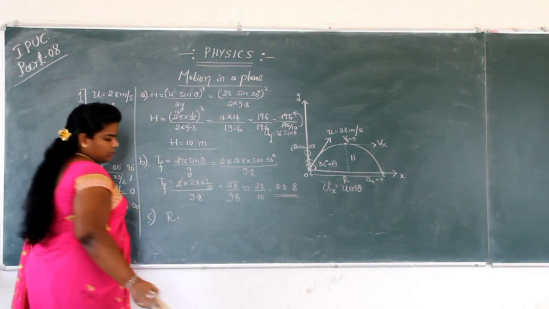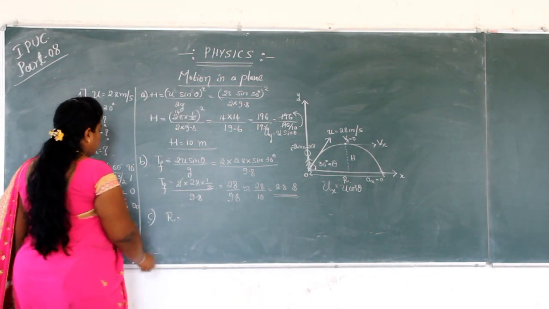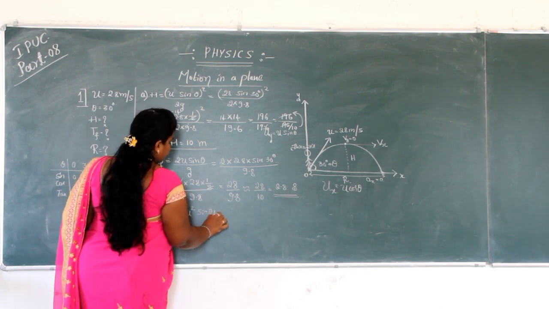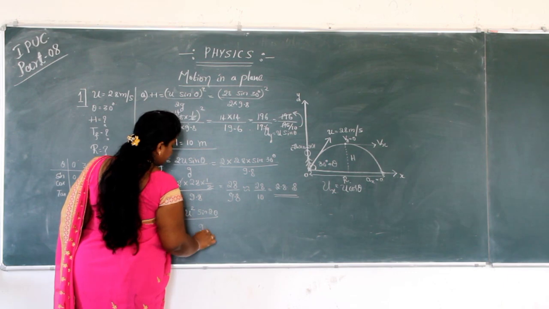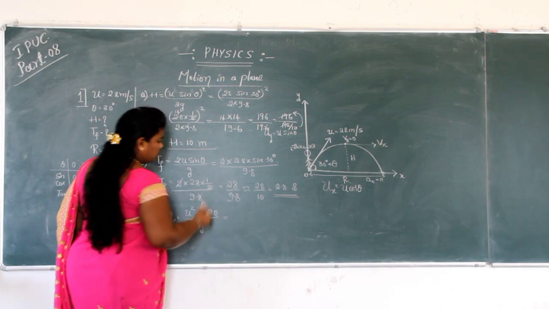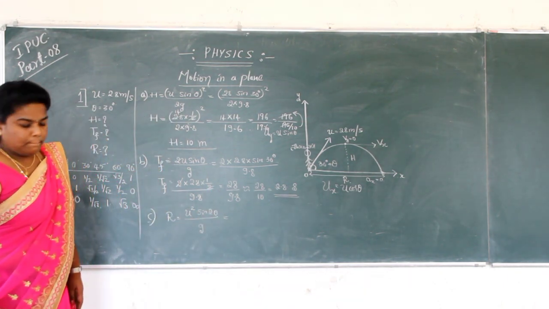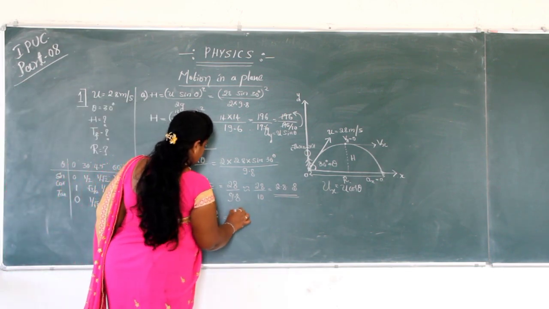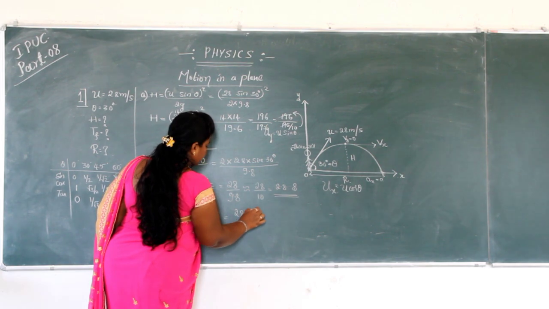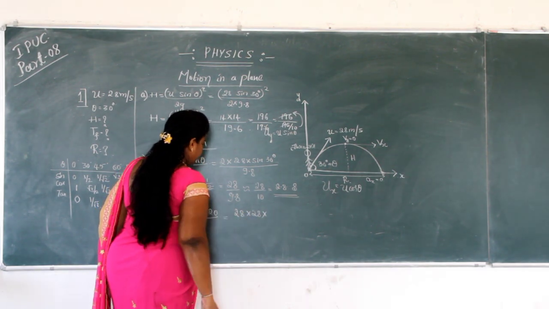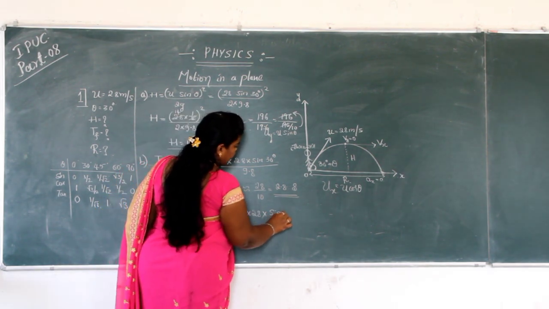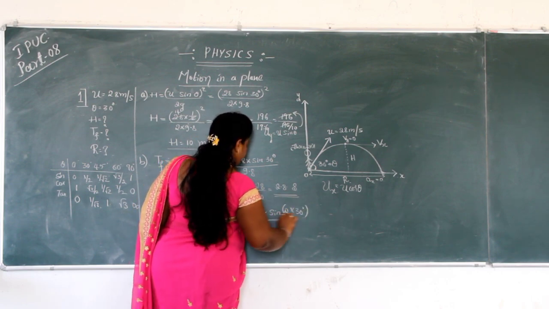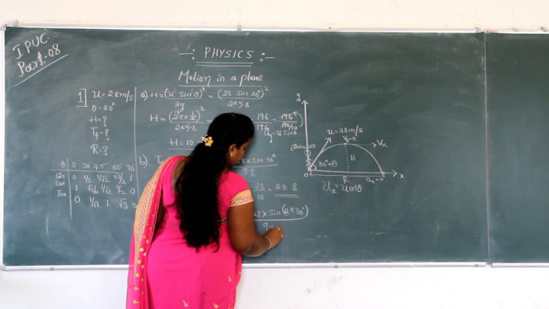So now it goes in your formula. So what is the formula? As I said to you, R is equal to u square sine 2 theta divided by g. So here we have u is 28. So 28 square, that is 28 into 28 into sine 2 theta, sine 2 into 30 degree, divided by g, which is 9.8.